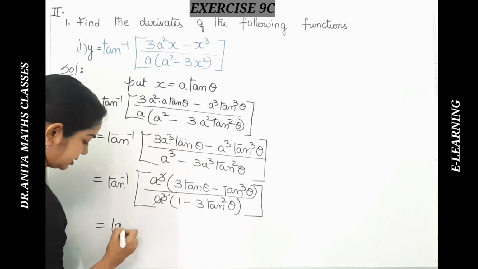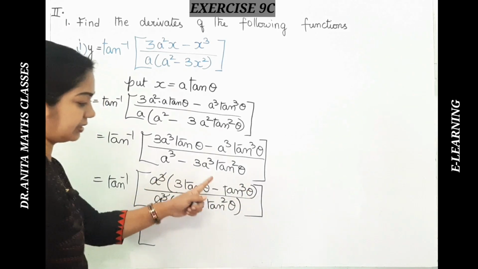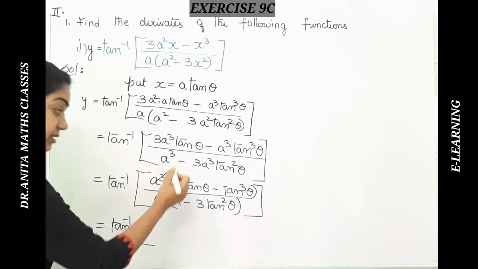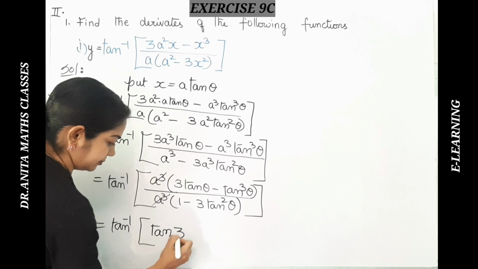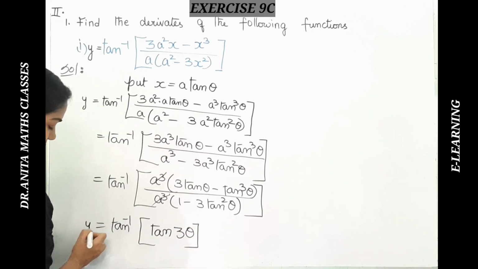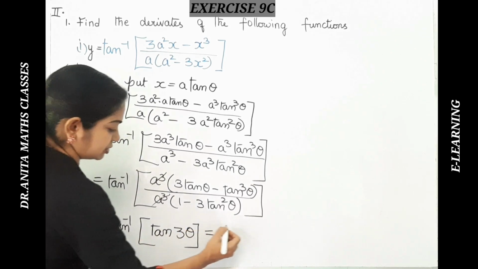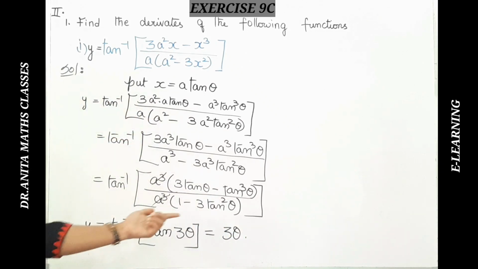So this is tan inverse of (3 tan theta minus tan cube theta) by (1 minus 3 tan square theta), that is in the form of the tan 3 theta formula. So this is y, isn't it? This comes to tan inverse of tan 3 theta, which is just 3 theta. So y is equal to 3 theta.